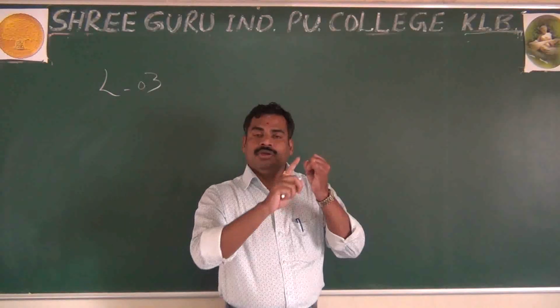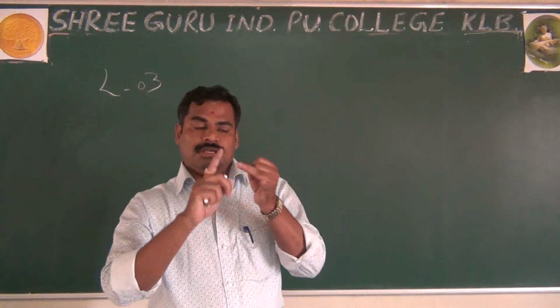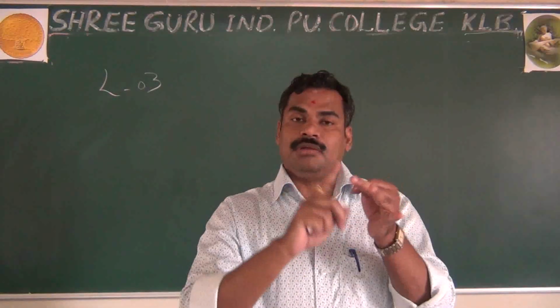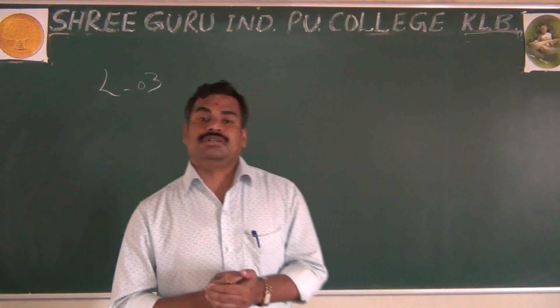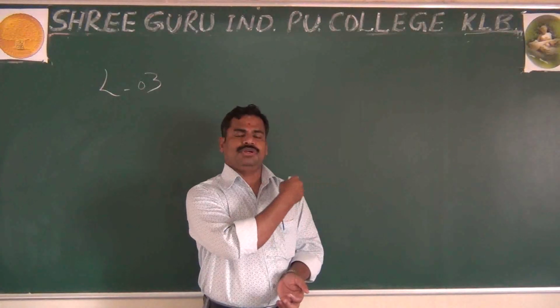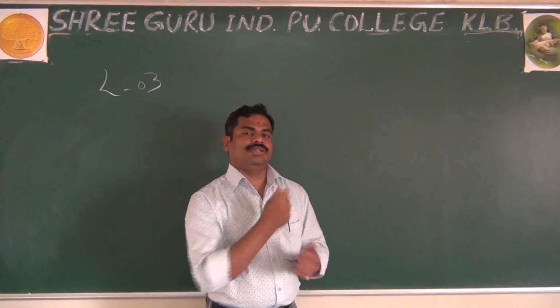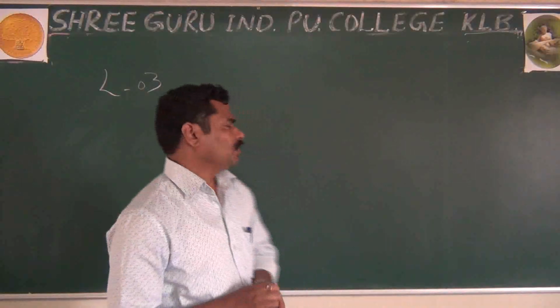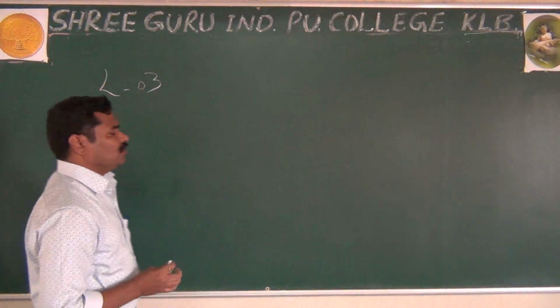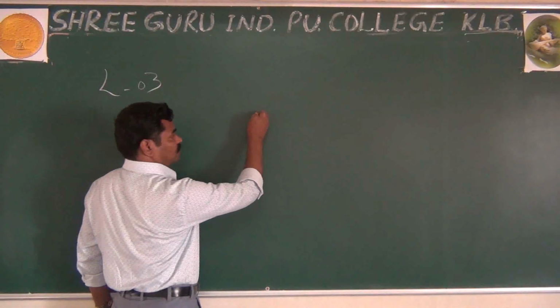It may be the voltage amplifier, current amplifier, transresistance amplifier, or transconductance amplifier, depending upon which one is input and which is output. You have done those types of amplifiers. Now we will go for the comparison of characteristics.